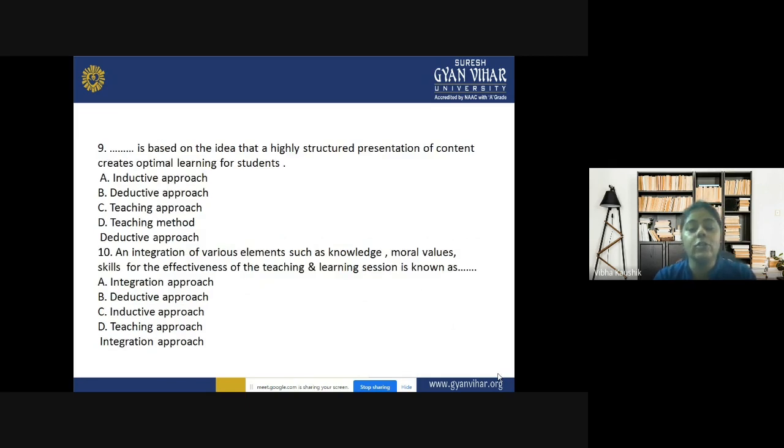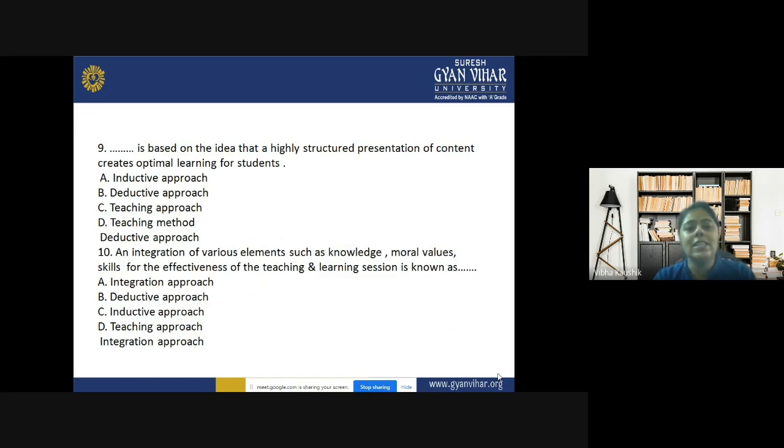Dash is based on the idea that a highly structured presentation of content creates optimal learning for students. Now the options are A, inductive approach, B, deductive approach, C, teaching approach, or D, teaching method.